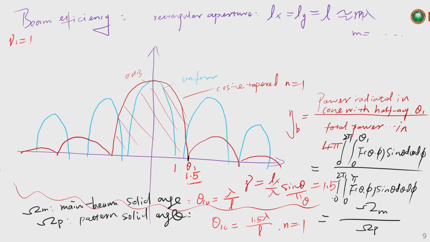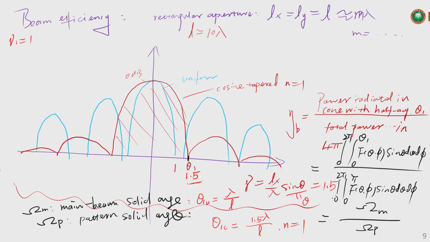So let's see how the beam efficiency is improved when we change from uniform illumination to non-uniform illumination. Let's assume L should be several wavelengths, for example 10 lambda.